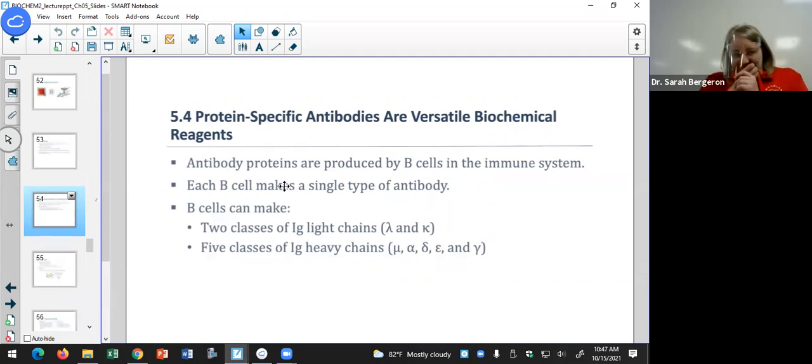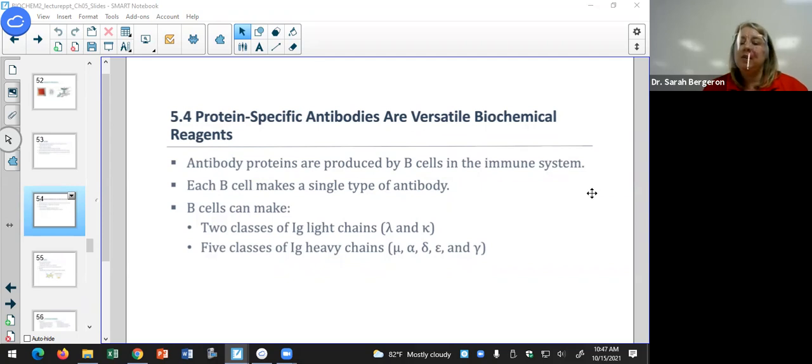Okay, let's see. Bone marrow. Lots of cells actually do get made in the bone marrow, and then they travel to the spleen where they mature. So if you're going to find the mature B cells, you're going to find them in the spleen. Yes, they are blood cells, so they originate in bone marrow, but they develop in the spleen.